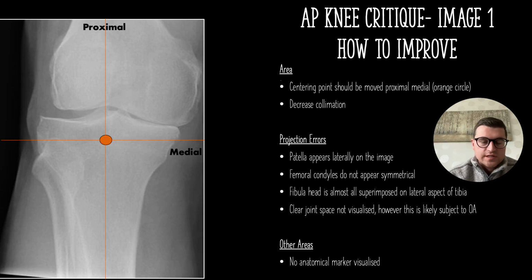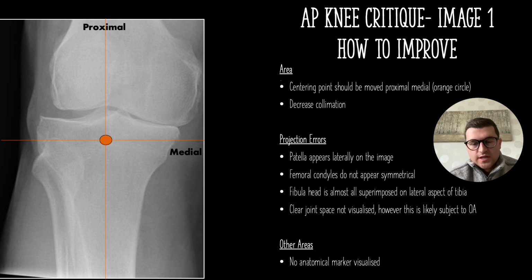We should be improving our centering point, but at the same time decreasing collimation. Increasing collimation will limit the radiation center ray. If we decrease it, we're opening up the area. So that will hopefully help with the area and the centering point as a result.